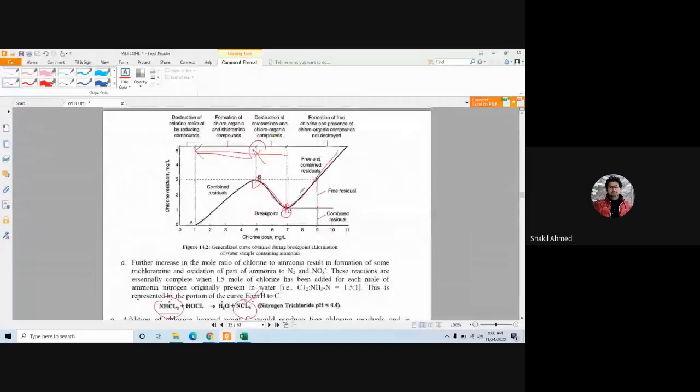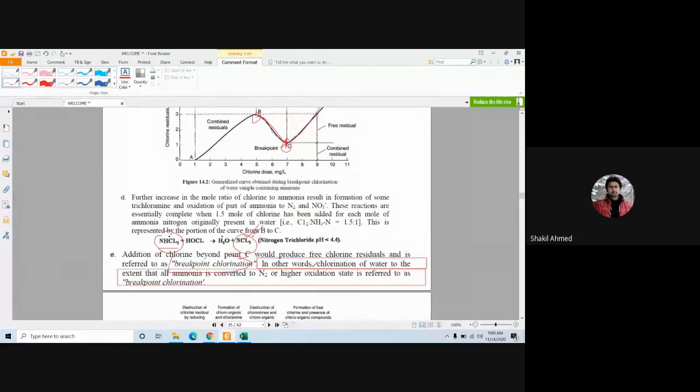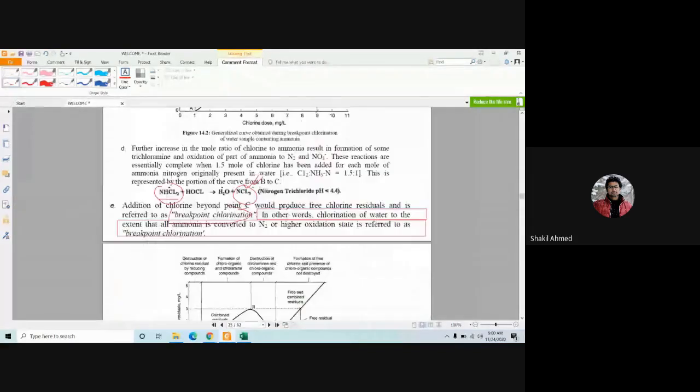So this point C is called the breakpoint, because at this point all the impurities have been destroyed. If you achieve this point C, this is breakpoint, and whatever chlorine you add beyond this point C, that's called breakpoint chlorination. In other words, chlorination of water to the extent that all ammonia is converted to nitrogen or higher oxidation state is referred to as breakpoint chlorination.